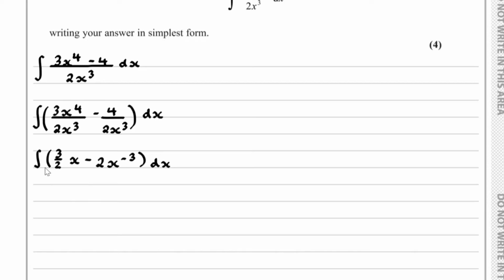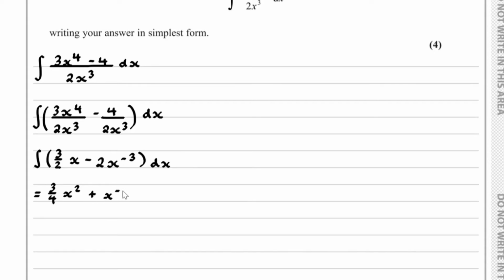When we integrate, we add 1 to the power and divide by the new power. So what we end up with over here is 3 over 4 x squared, and then if I add 1 to the power, I get minus 2, and then if I do minus 2 divided by minus 2, we end up with plus 1.